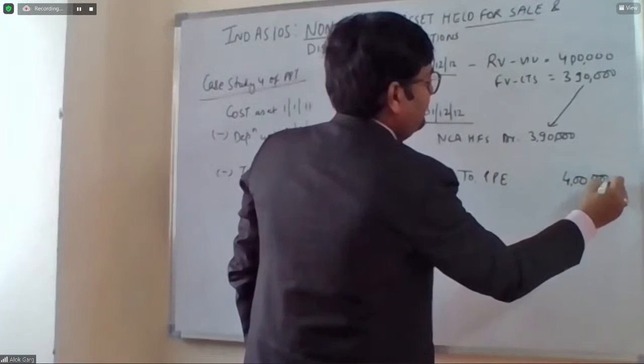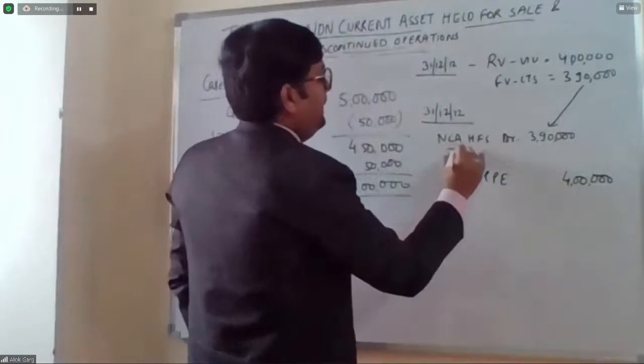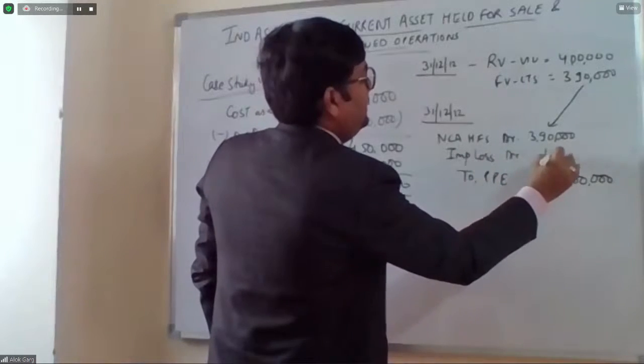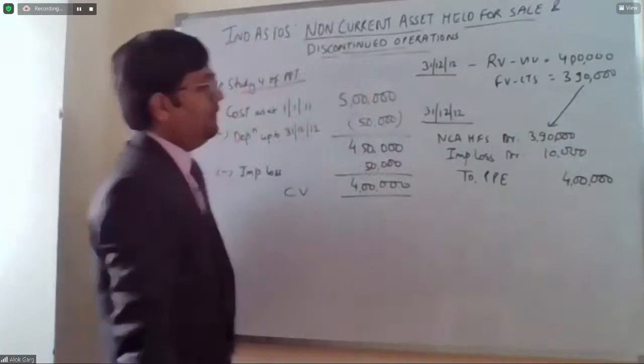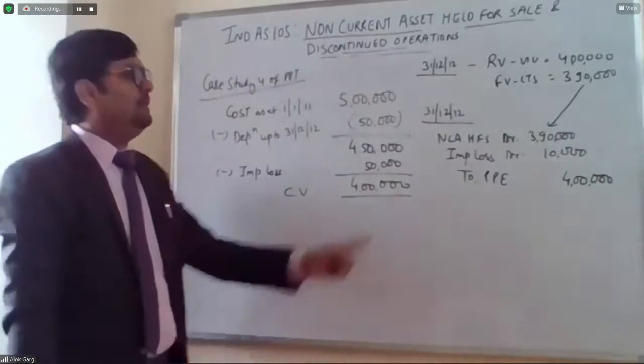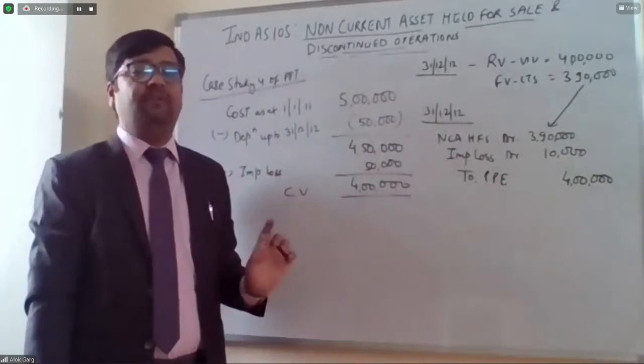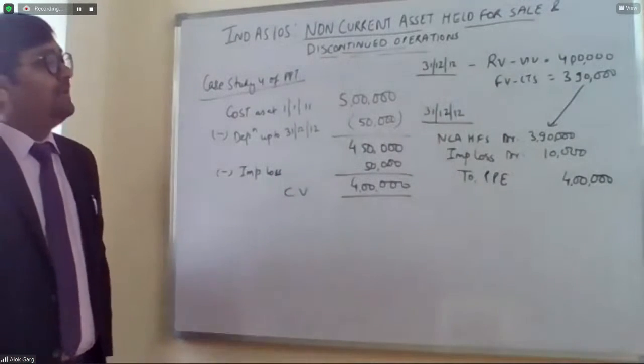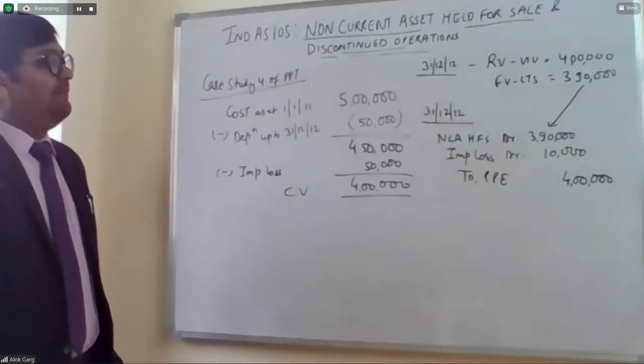Okay, and impairment loss debit on reclassification, 10,000. Now, what is the carrying value of non-current asset held for sale? 390, and further the depreciation will be stopped. Okay. Now, on 31st December 13, the recoverable value is given.